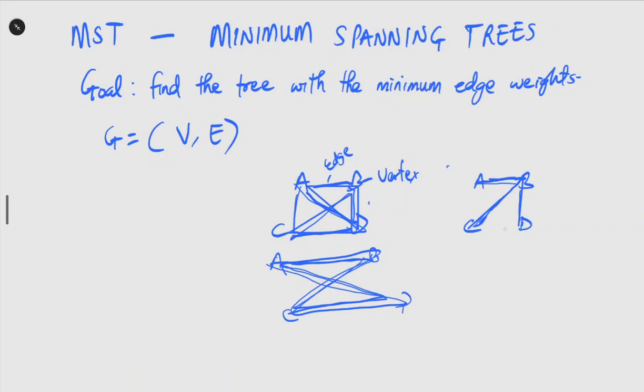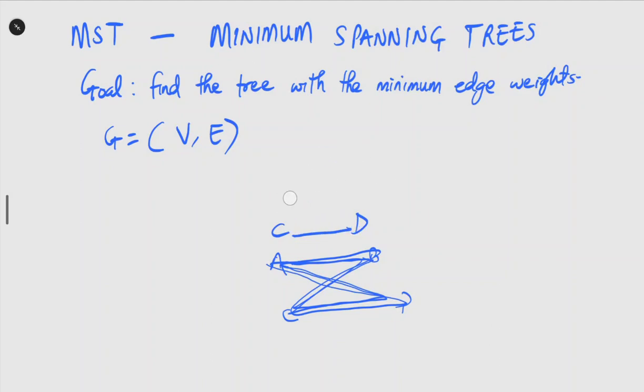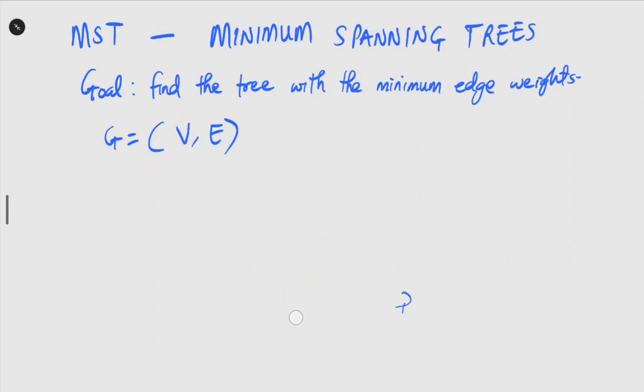I can't get back to D except I go backwards. So yeah, that's the intuition, the difference between your graph and a tree. That's not the only difference, but that's the main difference as it concerns this video.